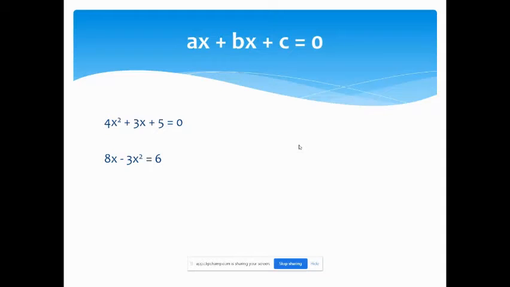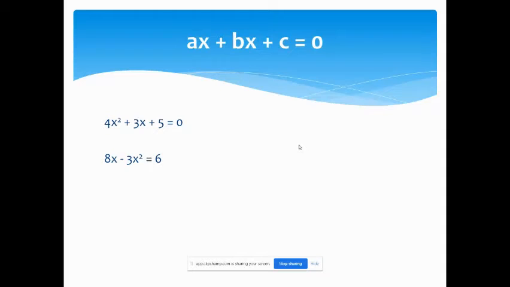8x minus 3x squared equals 6. Obviously, our given is not in its standard form, so we have to arrange it. The first thing we need to do is write it in standard form. How?